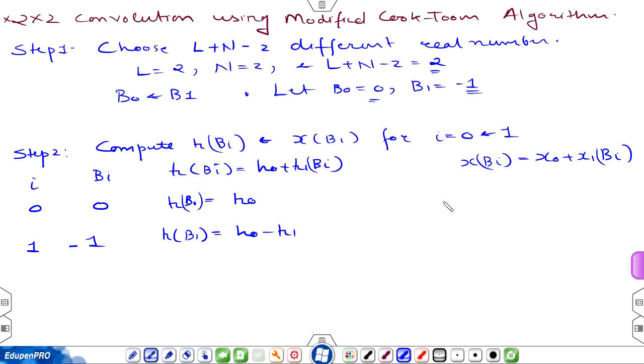Similarly, x of beta 0 is x0, putting beta 0 equal to 0, and x of beta 1 is equal to x0 minus x1, putting beta 1 equal to minus 1.